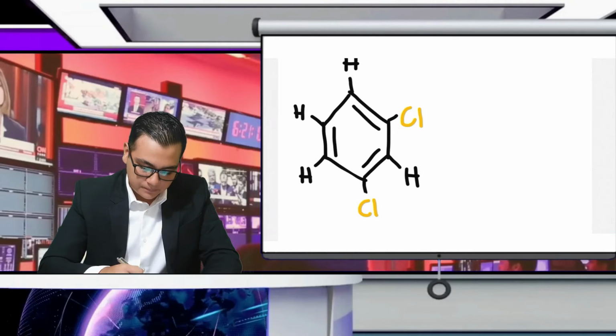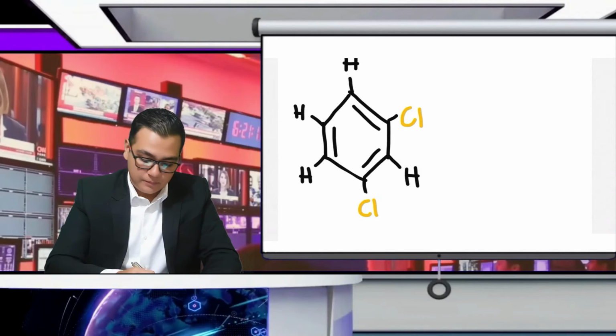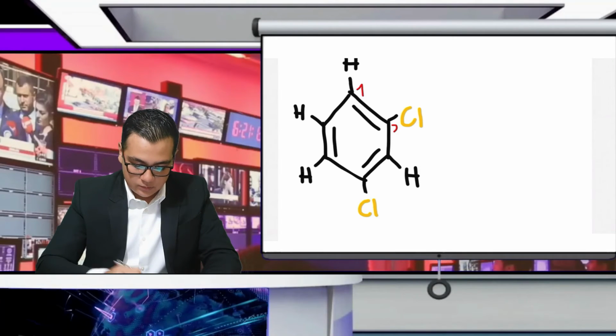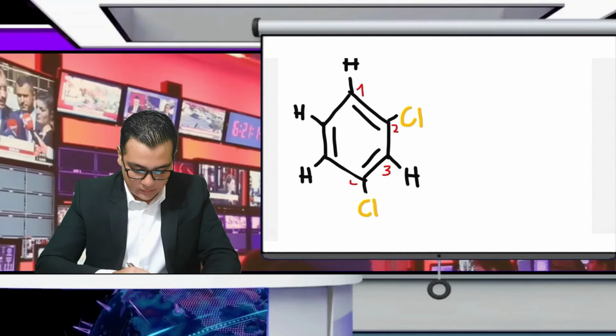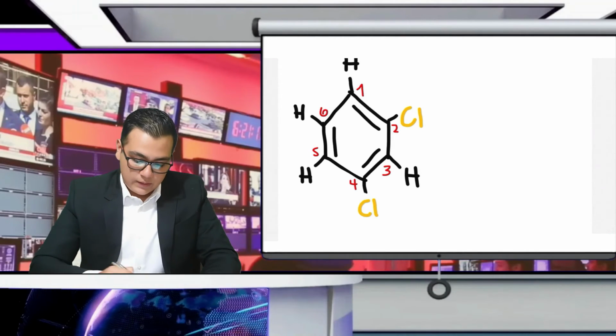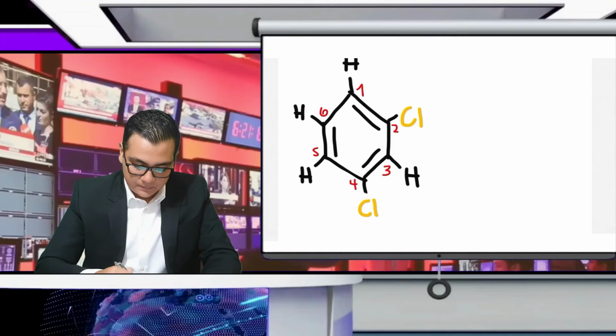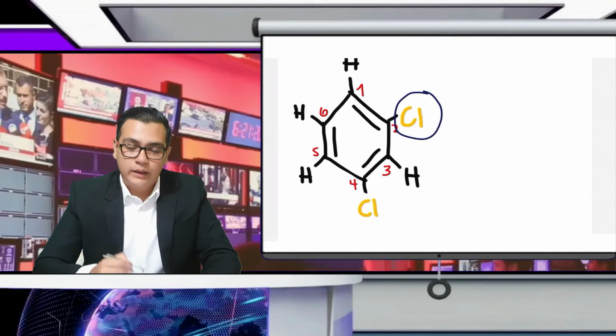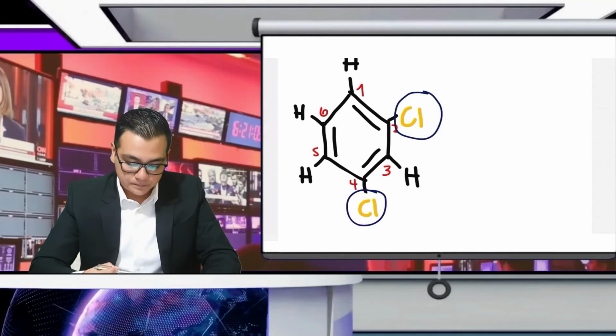In the first part, we have the first carbon, now the second one, the third, the fourth, the fifth, and the sixth one. So, if you see, we have chlorine on the second one and chlorine on the fourth one.